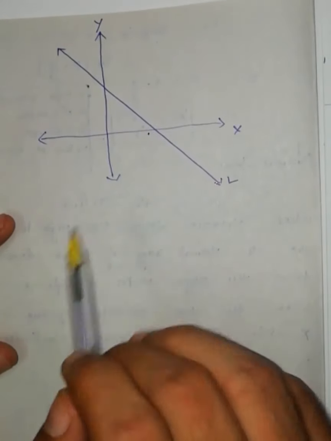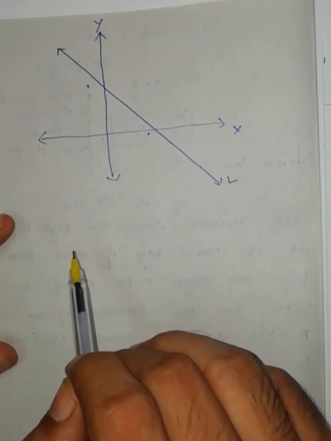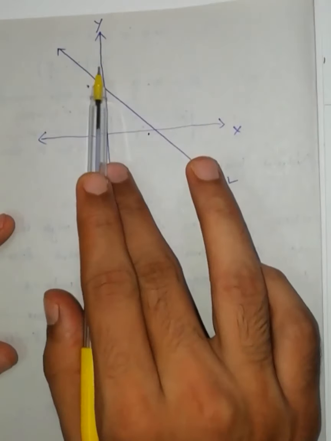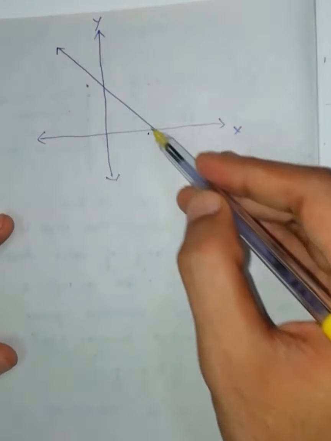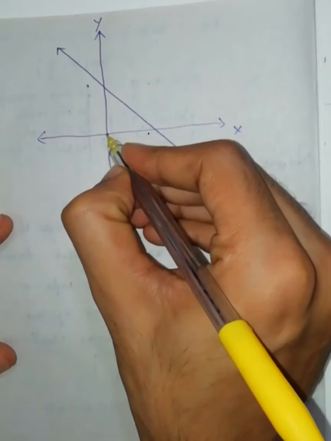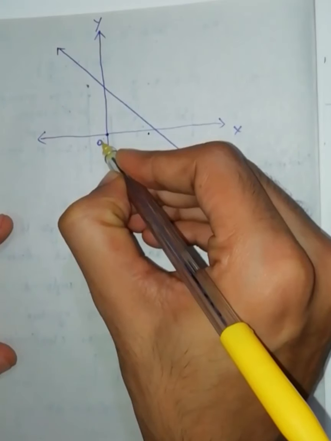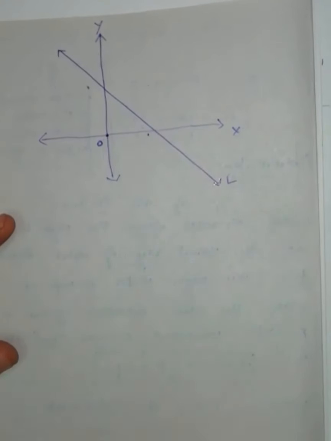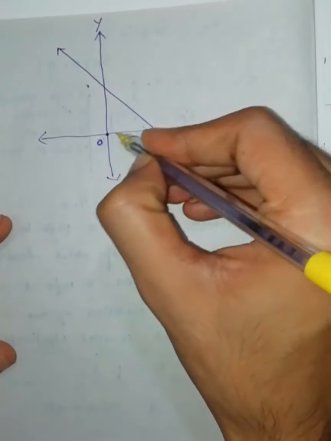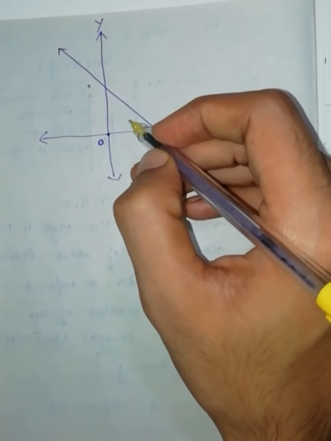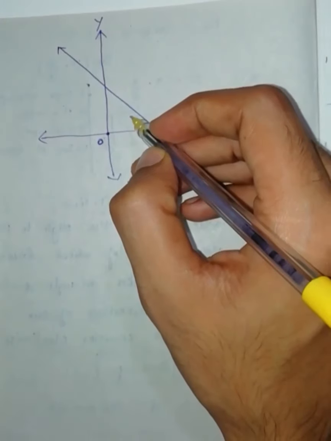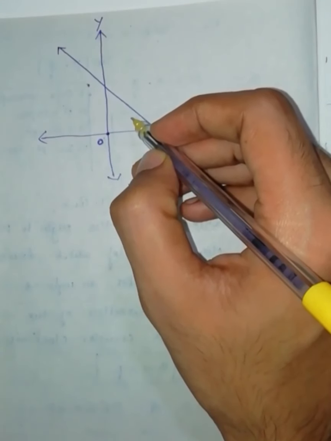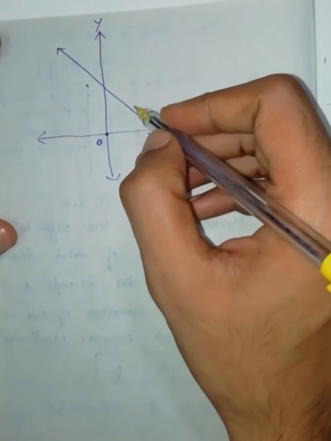Now the normal form says that the equation of a straight line is in terms of the distance of this straight line from the origin, this is the origin. Whenever we consider a distance, we consider the shortest path length as the distance.